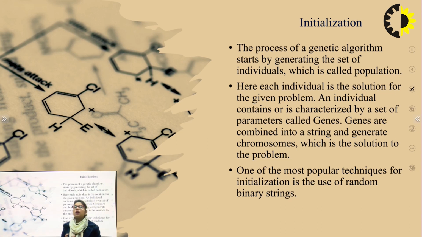Genes are combined into a string to generate the chromosomes, which we use in the next process. One of the most popular techniques for initialization is the use of binary strings.